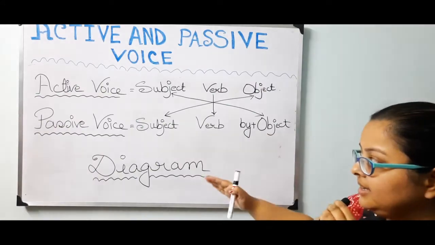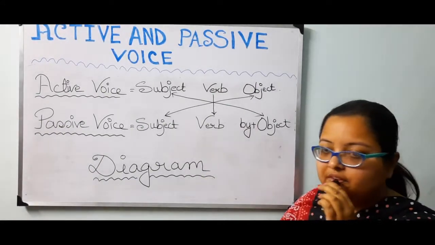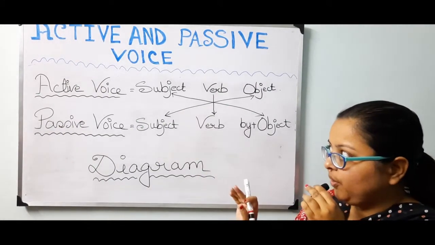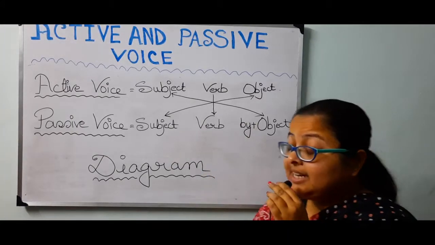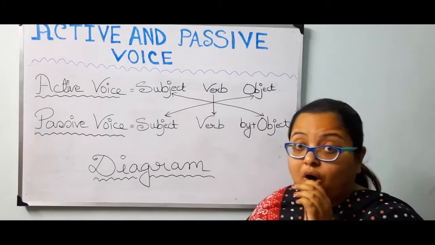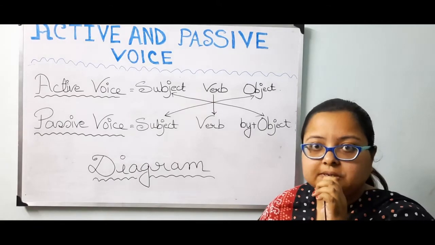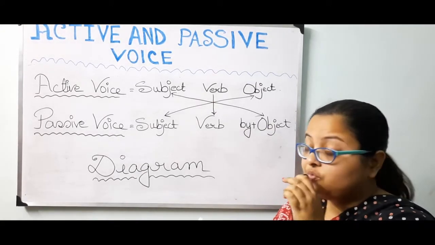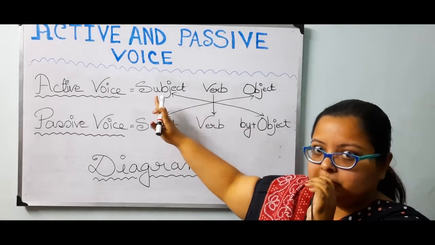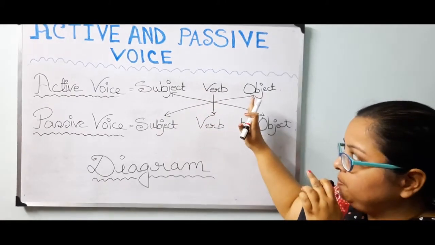Let us see the diagram of active and passive voice. Basically, students, in a sentence structure in English, we have subject at first, then verb, then object.